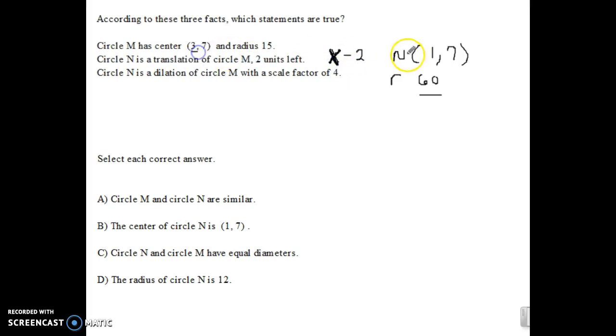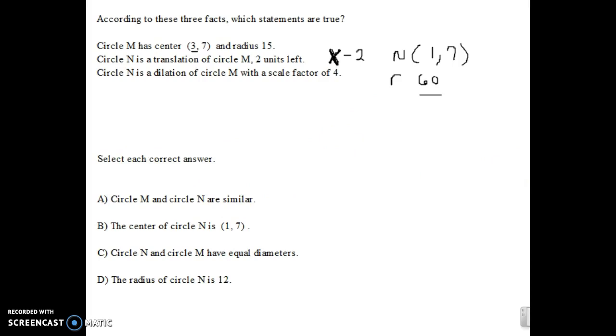So if we take x minus 2, 3 minus 2 is going to give us a center of circle N at 1, 7, because they didn't go up or down, so 7 would stay the same. Then it also says circle N is a dilation of circle M with a scale factor of 4. So if we wanted to calculate the radius of circle N, we would take 4 times 15, which would give us a radius of 60.